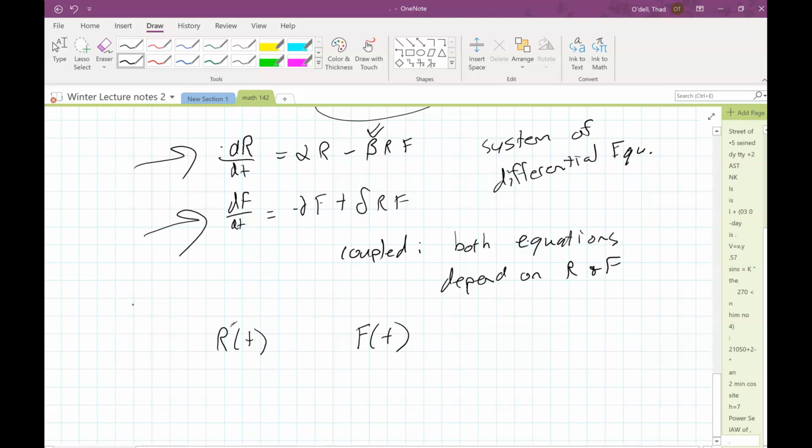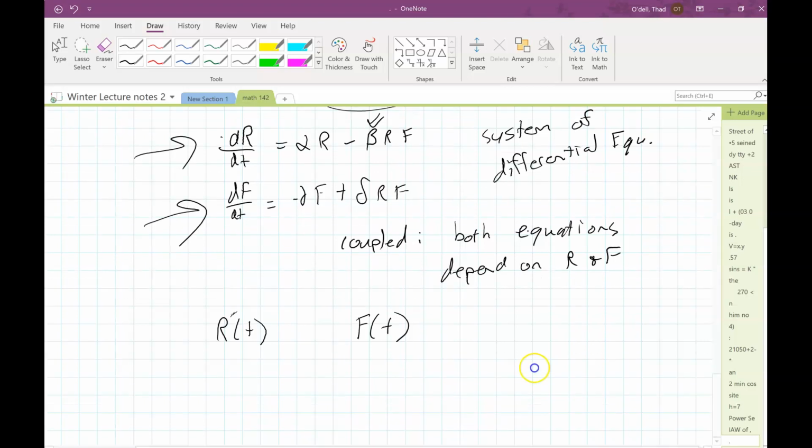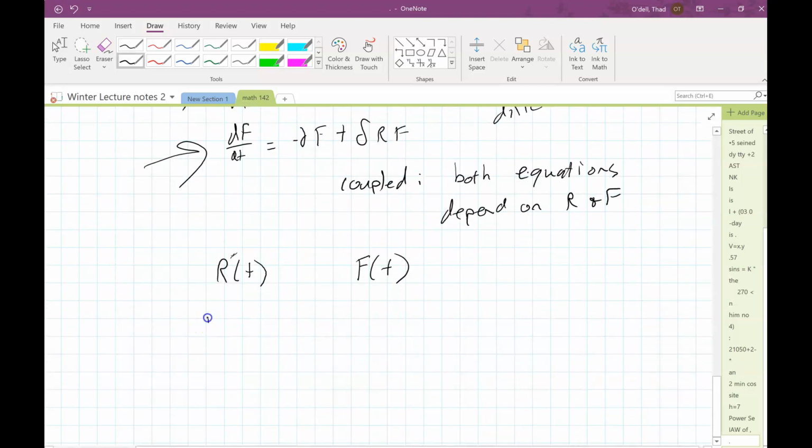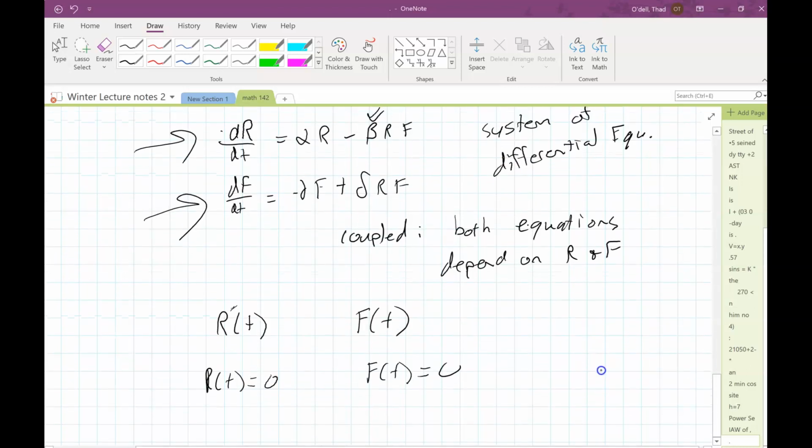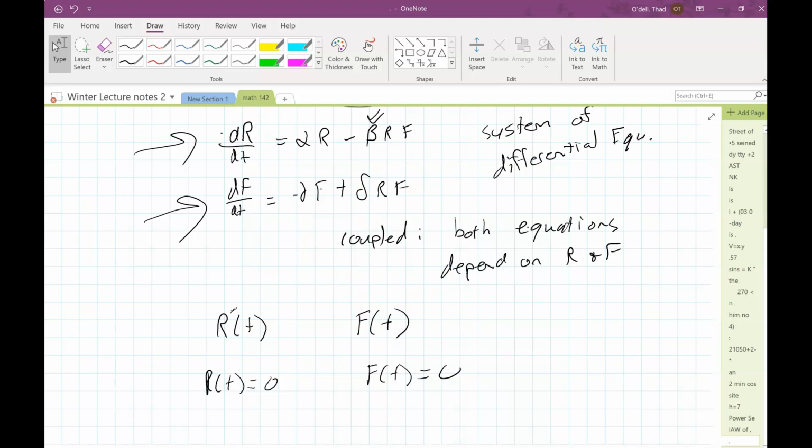Okay, so let's talk a little bit about some solutions. Of course, we have the basic solution. If r of t is equal to 0 and f of t is equal to 0, then we have what we call an equilibrium solution, because if you plug 0 in for r and f, we end up with dr/dt equal to 0 and df/dt equal to 0.